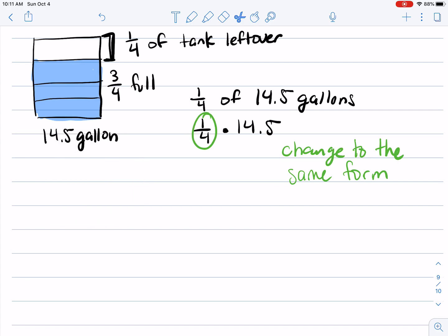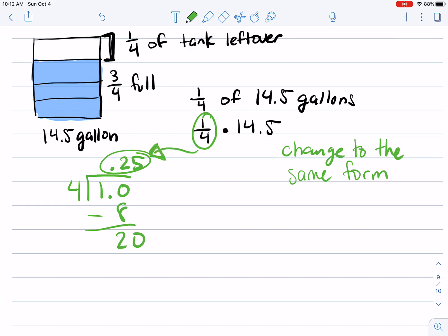Okay, so we need to do 1 divided by 4. Now we use our decimal points. And this is going to be 2, take away 8, that's 2 left over, and then we have 5. Okay, so 1/4 made into a decimal is 0.25.